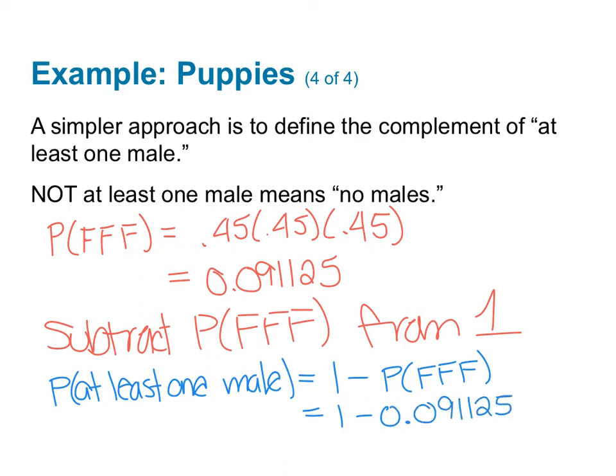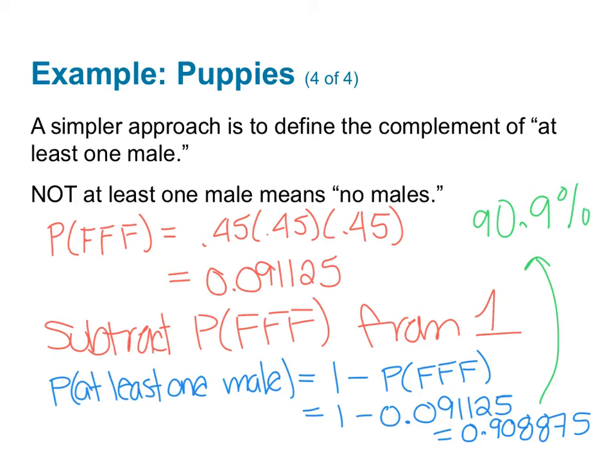So we've got 1 minus 0.091125, and we would get 0.908875. And if you were to put this into a percentage, this is approximately 90.9% of getting at least one male.